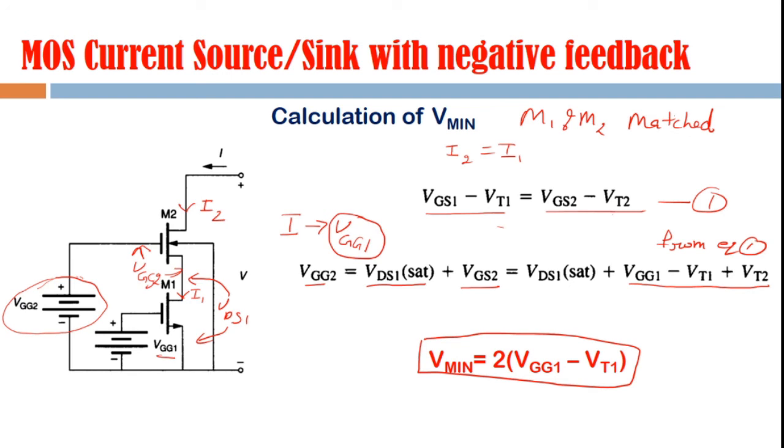So that feedback resistance was implemented with the help of a current source, and that current source was again implemented using a MOSFET. So it's all MOSFET in the circuit.